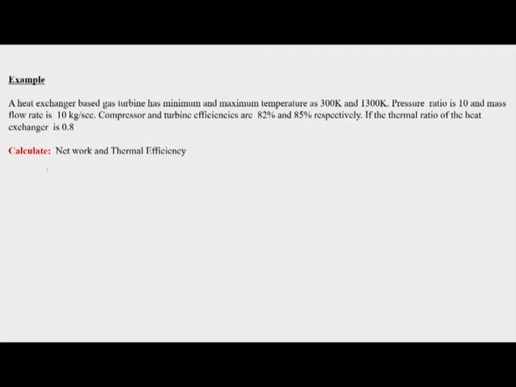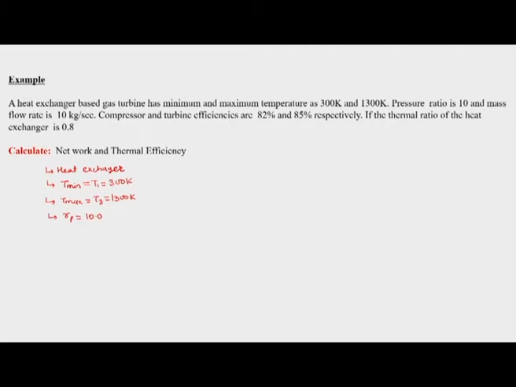So, what is given to us in this example is, we are told that there is a heat exchanger, and T min, which is T1, is equal to 300 Kelvin. We know that T max is equal to T3 is equal to 1300 Kelvin. Then the pressure ratio Rp is equal to 10.